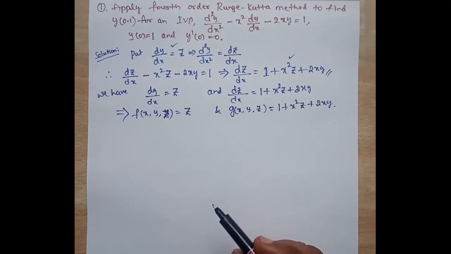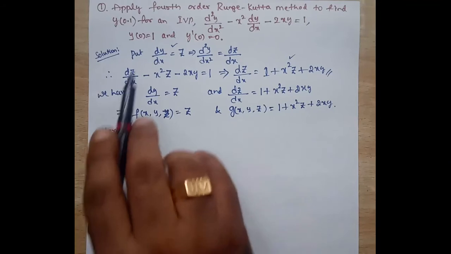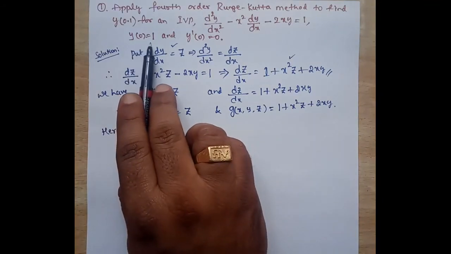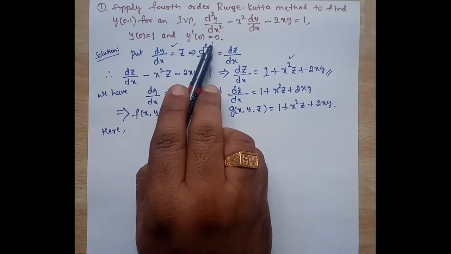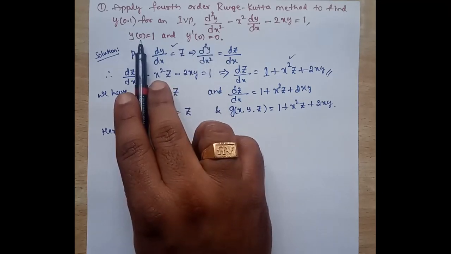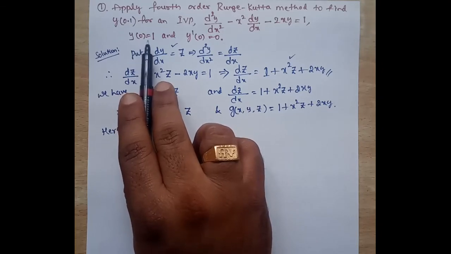Now what about initial conditions? So the initial conditions are here. Just observe the conditions. See, we have y of 0 is equal to 1 and y dash of 0 is equal to 0. As I told in the previous chapter also, this represents x naught, this represents y naught.